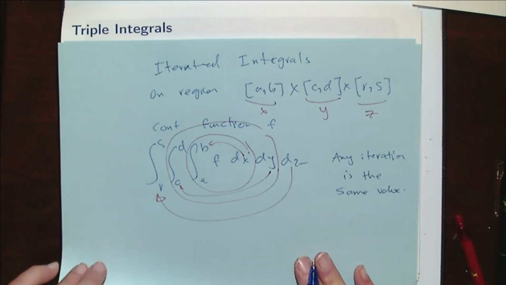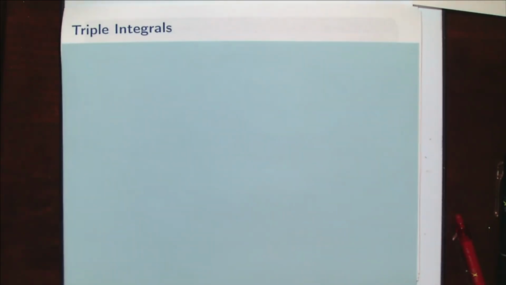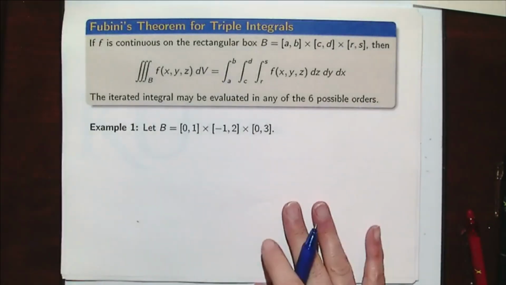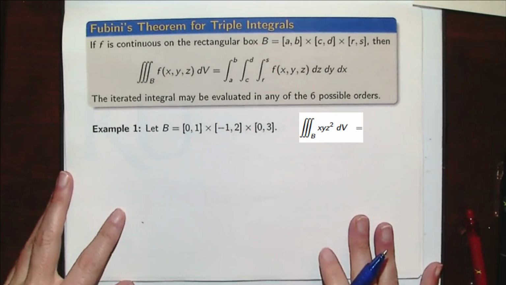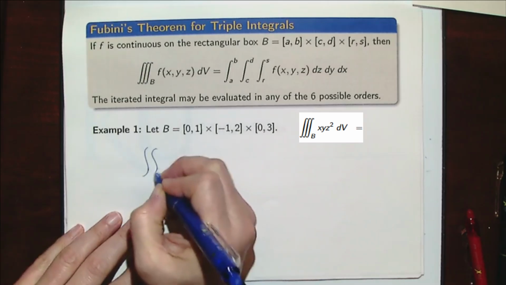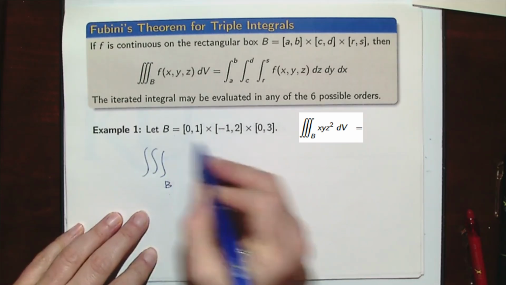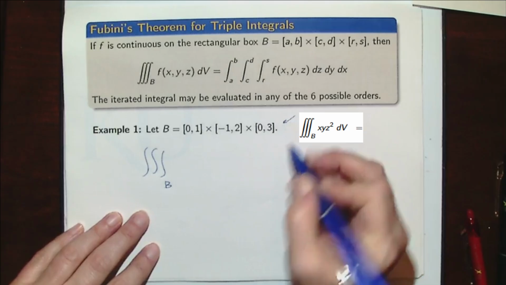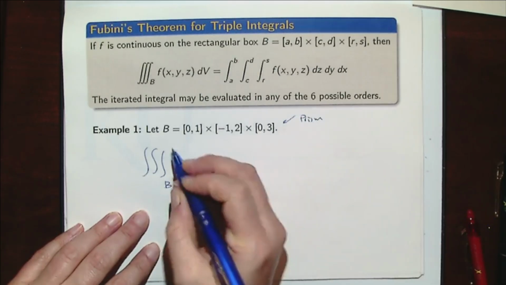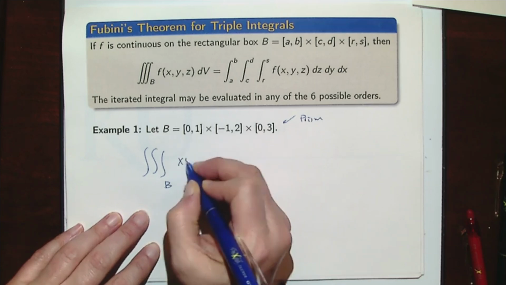Let's start with an example. Are we ready? Let's do one example. Here's an example, and I can't find the function. B is the prism, and the function is x y z squared.